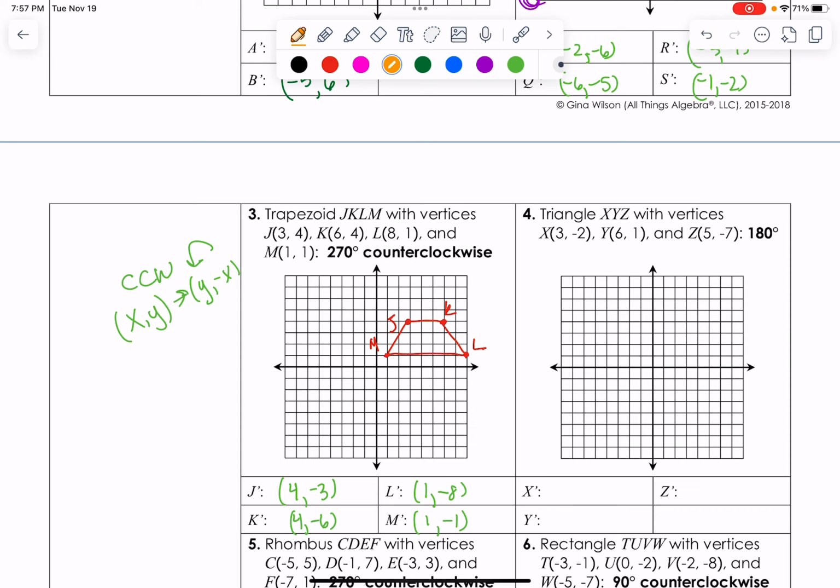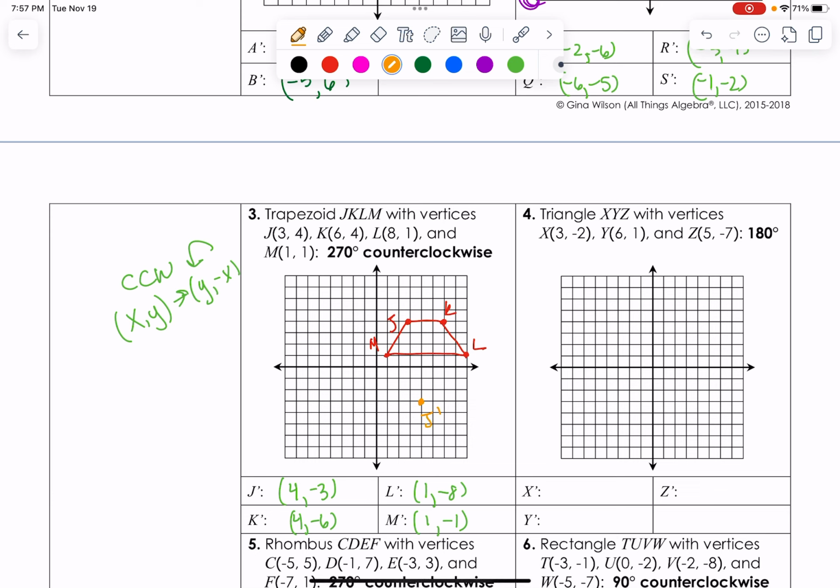So when we rotate it counterclockwise, that should go 1, 2, 3. We should end up over here and upside down because we're just turning it around. So let's see. We said that J should be over 4, down 3. So that should be J prime.